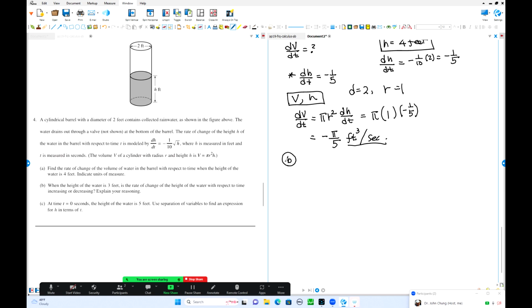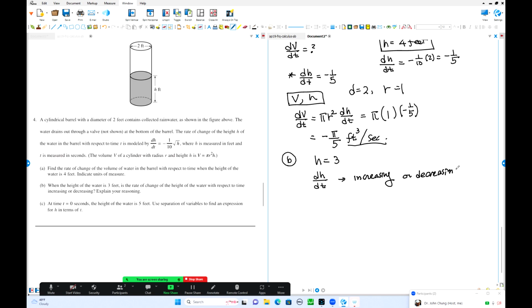When the height of the water is 3 feet, now they change the value of h: when h equals 3 feet, is the rate of change of the height of water, dh/dt, increasing or decreasing?